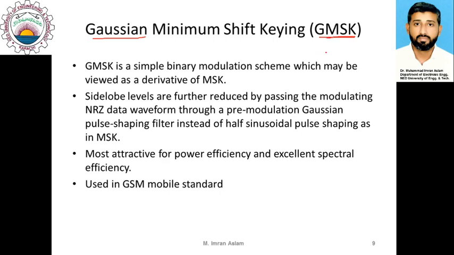Another variant of minimum shift keying is named Gaussian minimum shift keying, or GMSK. GMSK is actually the MSK system, but used with a Gaussian pulse shaping filter. So before applying the signal to the minimum shift keying modulator, we use a pre-modulation Gaussian filter, which also improves the overall spectral efficiency of the system by suppressing the side lobes.